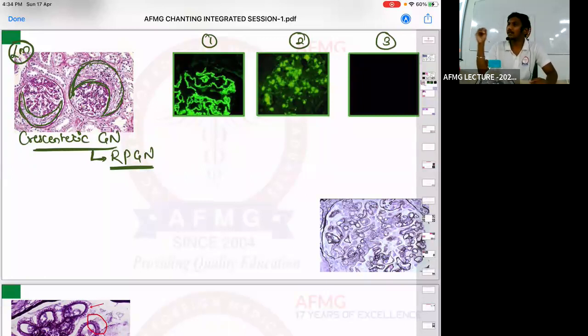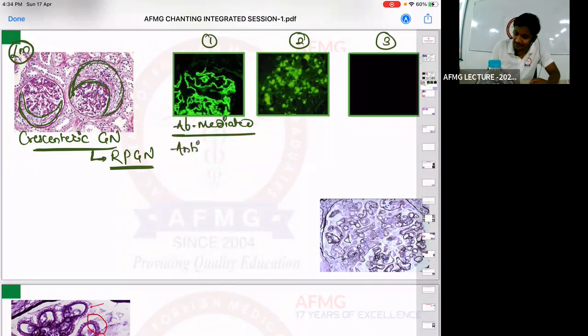RPGN type 1 is antibody mediated. Which type of antibodies are formed? Anti-glomerular basement membrane antibodies, anti-GBM antibodies.